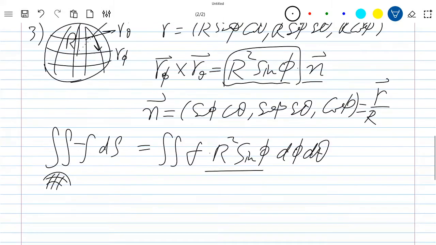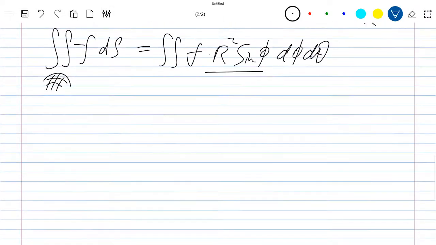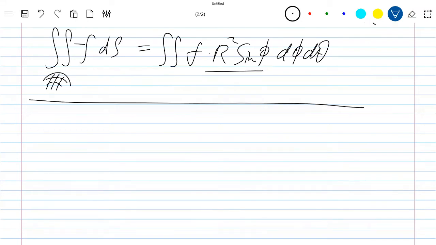Alright, so this is another formula that we will use. Now let's go to the integral over surface, and let's see some examples. The first one is a corner piece.